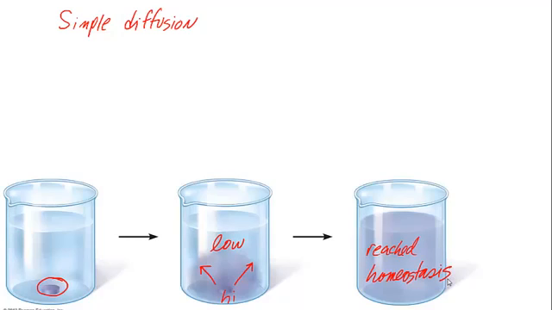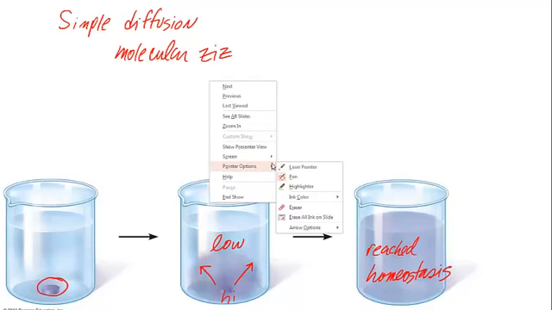Some of the factors that are going to affect the speed of diffusion would be things like the molecular size. And this is important because the smaller the molecular size, the faster the molecule is going to move.